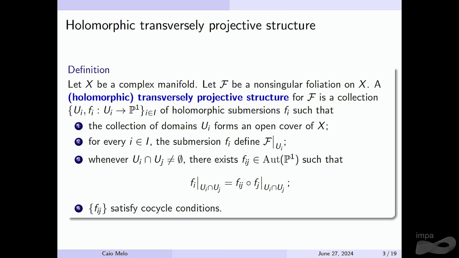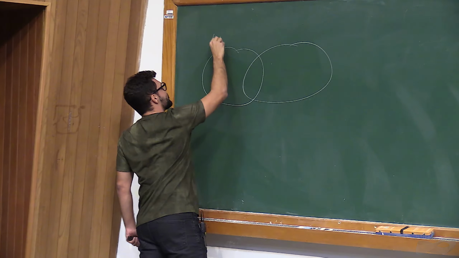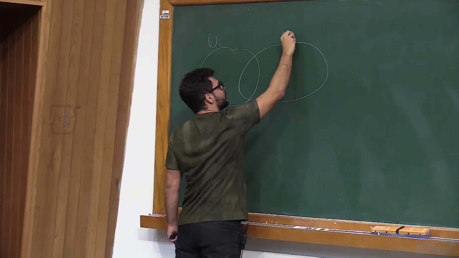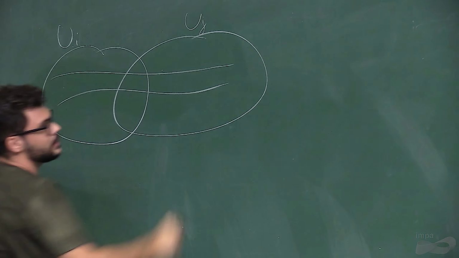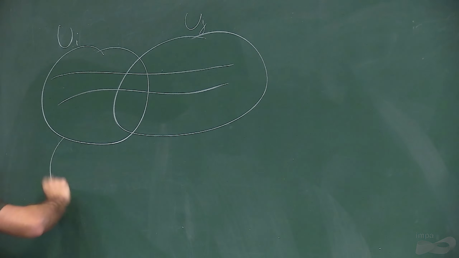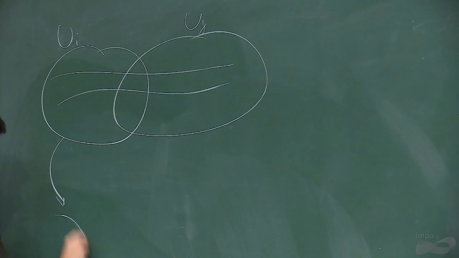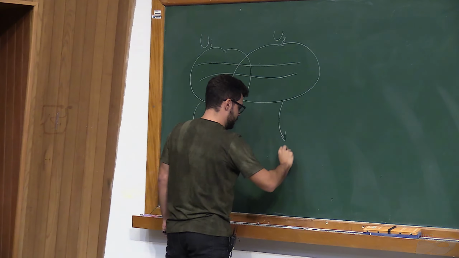So for me, a holomorphic or smooth transversely projective structure is a collection of submersions for your foliation. Normally you define a smooth codimension one foliation by submersions to C. Now I'm doing it to P1, the projective line.